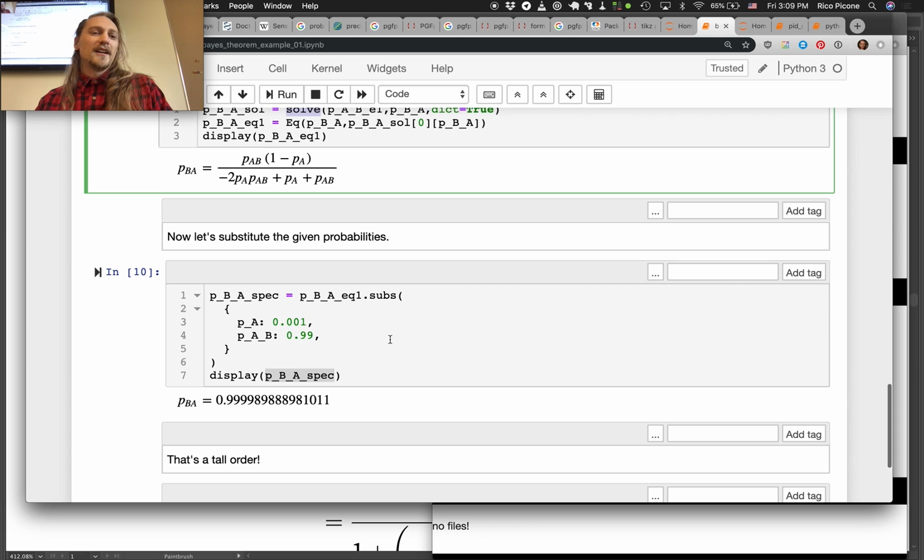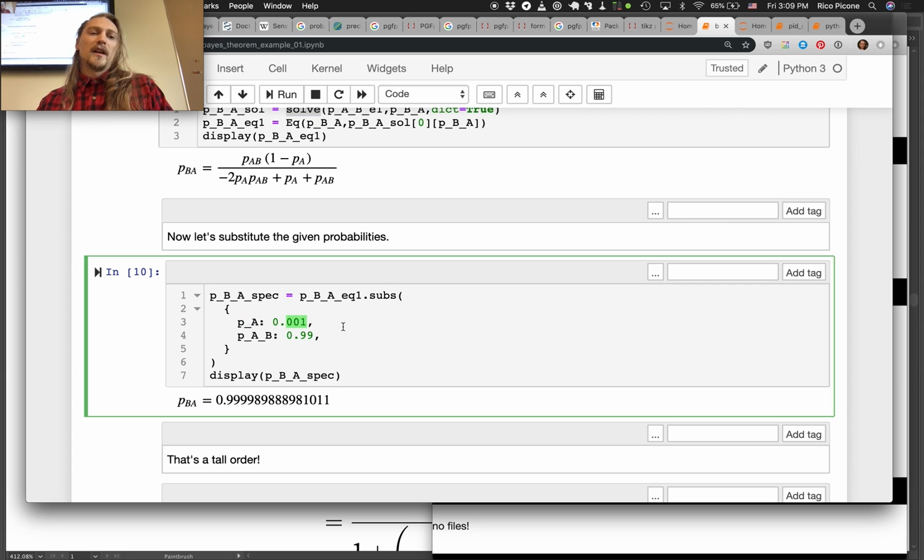And then I substitute in the probability of A being 0.1%, and the probability of A given that B, which is the one that we want. If a test result comes back positive, if we think we've correctly identified a defective part, I want there to be a 99% chance that that part is actually defective.